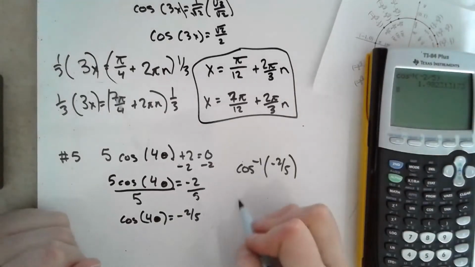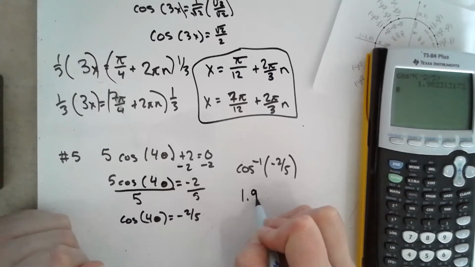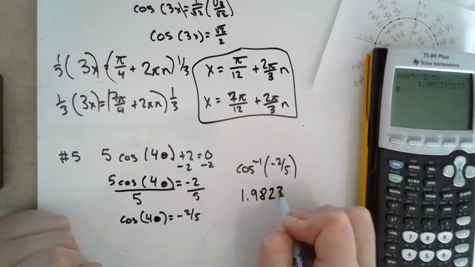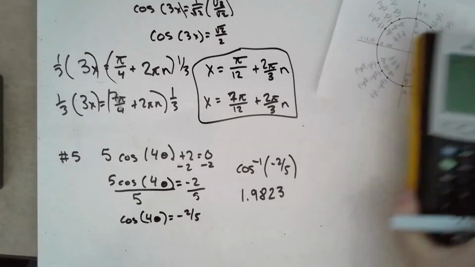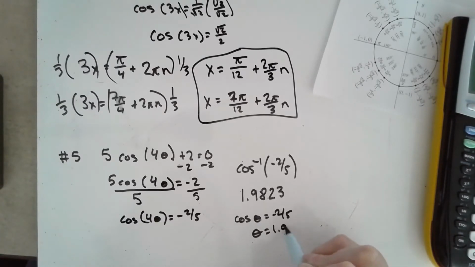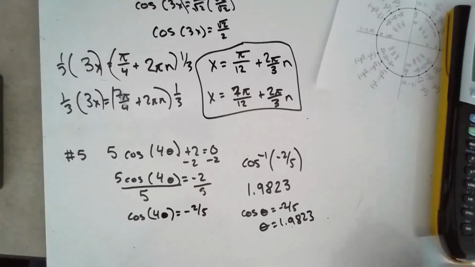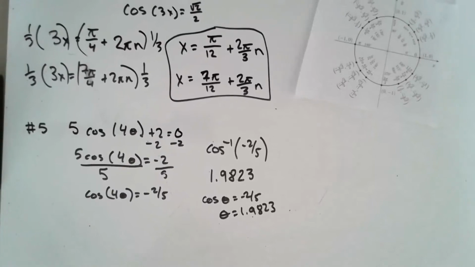So we're going to get 1.9823. Okay, we're going to do 4 decimal places. So that tells me if I was just solving for theta, cosine theta equals -2/5, theta would have equaled 1.9823.